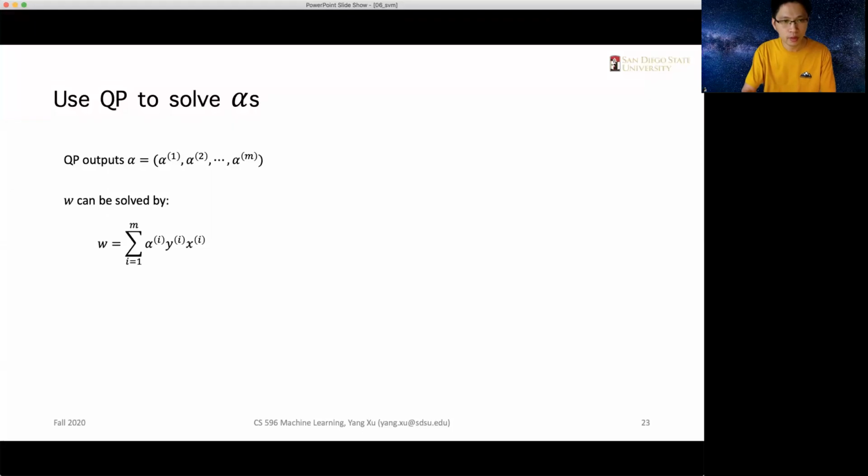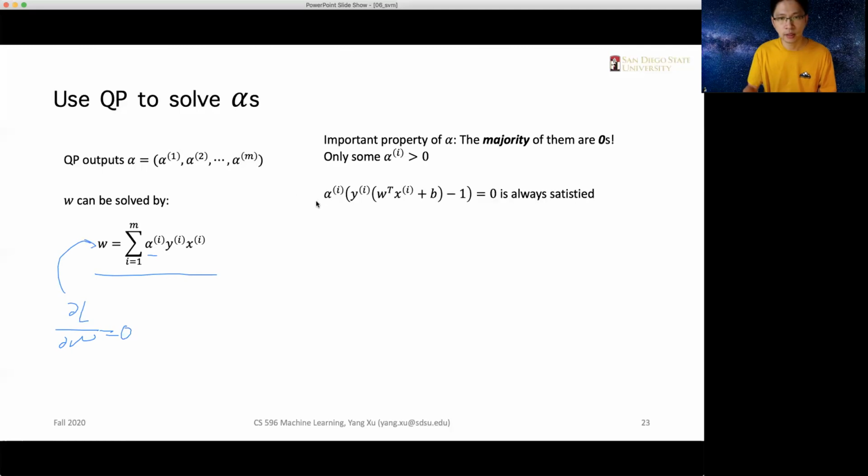When the alpha is returned, we can compute the W in this way, because this is what we get in the first step, after we take the derivative of L with respect to W and let it be 0. That's how we get this term. So after alpha is known, we can know W, and the b can also be known, right?